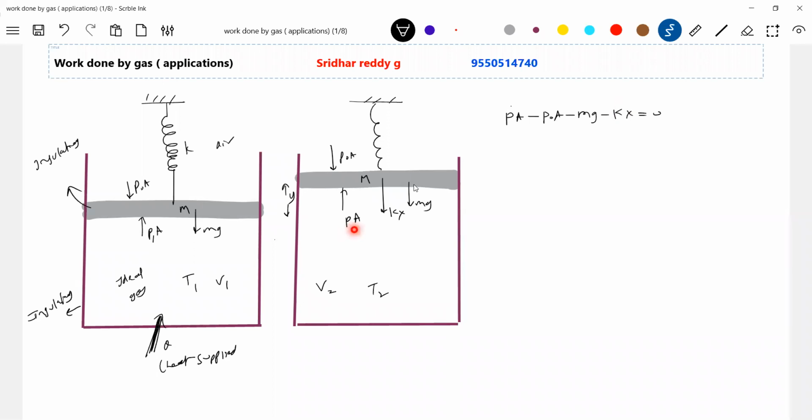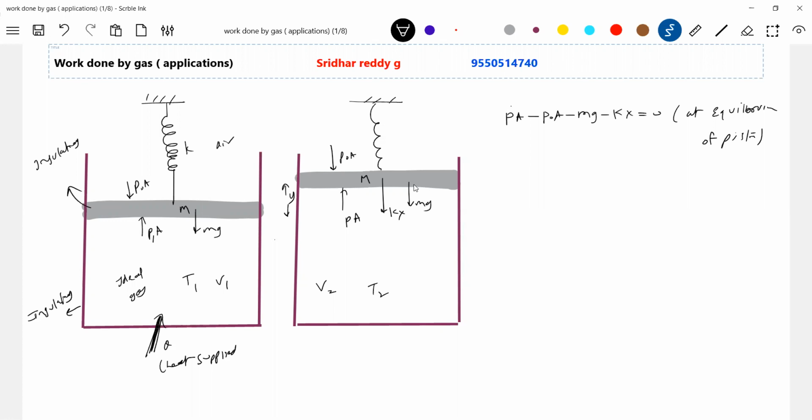So this is the expression for pressure of the gas, because we look at the equilibrium of the piston: PA minus P naught A minus mg minus kx equals 0.